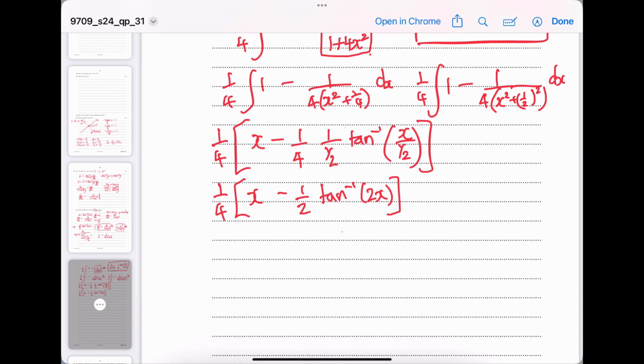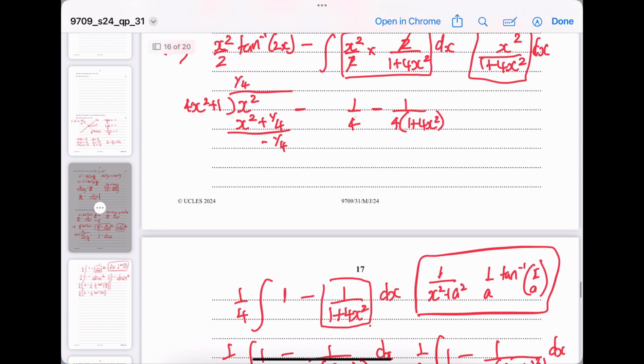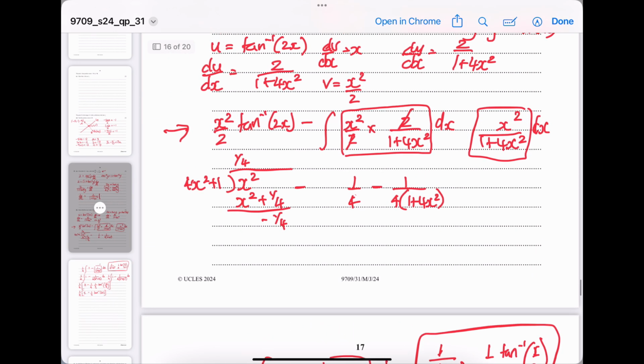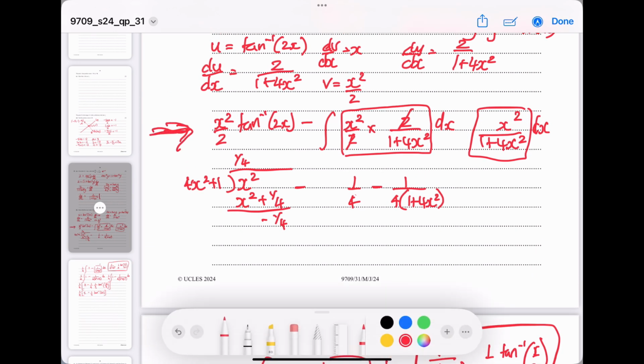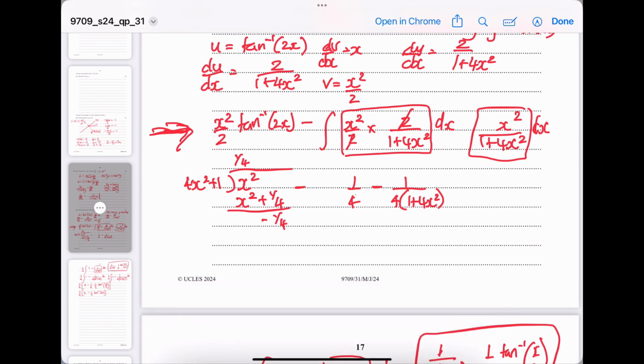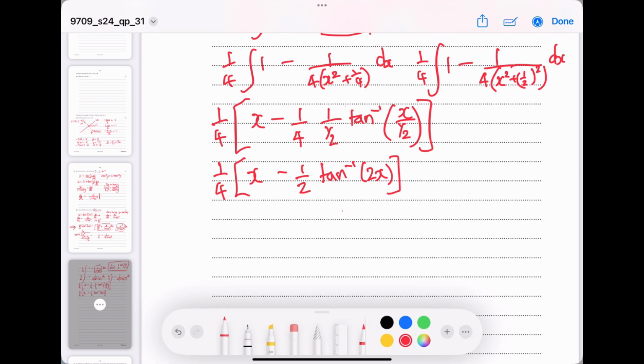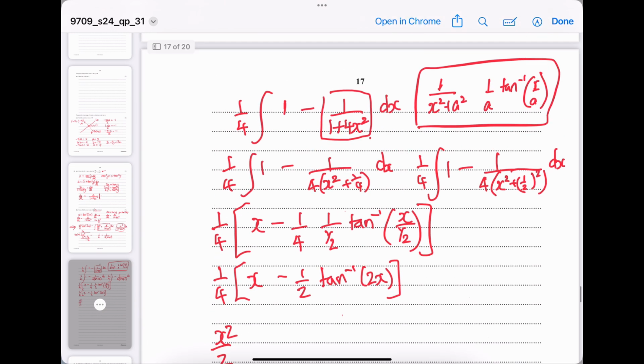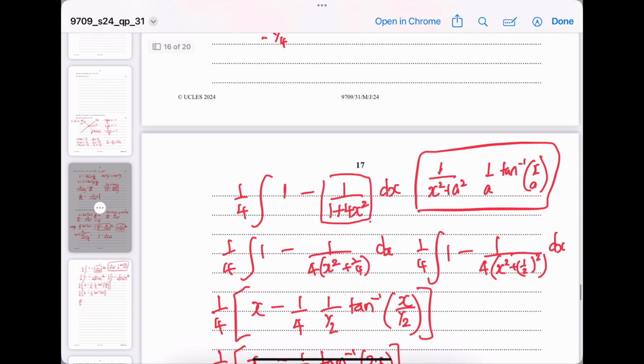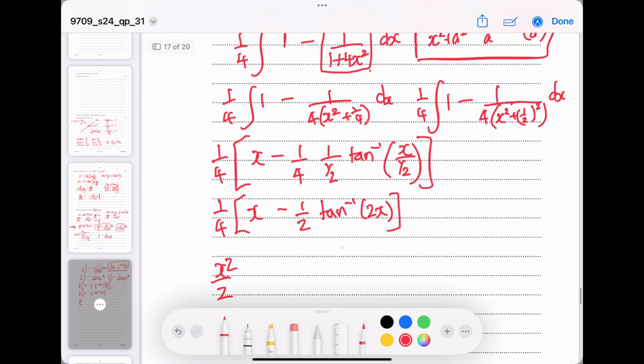So now I have to put all of that back into this step here. So we've got x squared over 2 tan to the minus 1 of 2x minus, so we're taking away all of this integral that we just found.